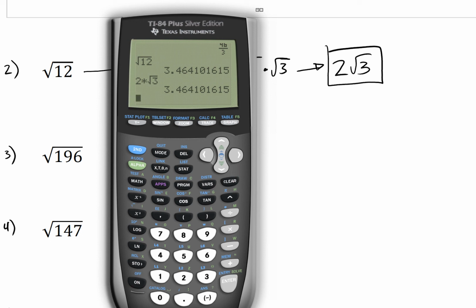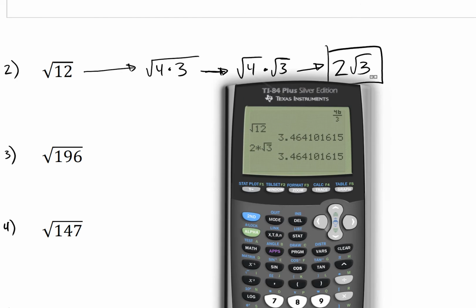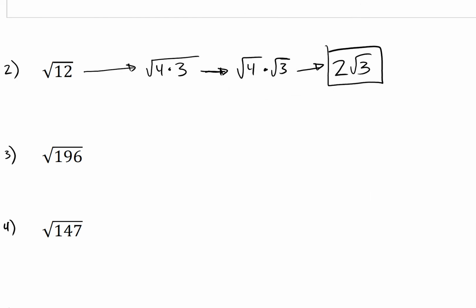Root 12 and 2 root 3 are identical to each other. 2 root 3 is the simplified radical form of root 12. And if you look at the final answer, the radical inside this root 3 contains no perfect square. In fact, root 3 is prime. So the 3 inside of the radical is prime. So we're done with that.